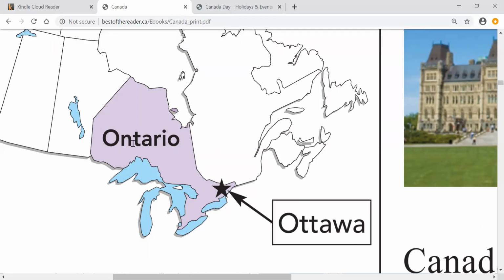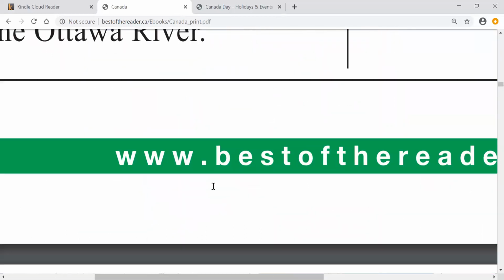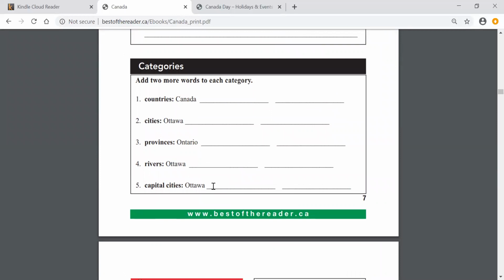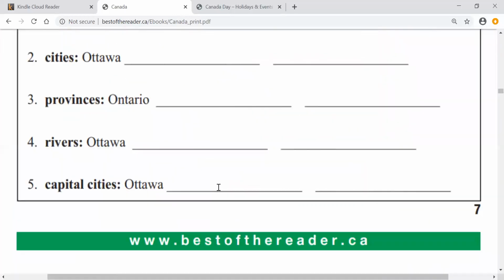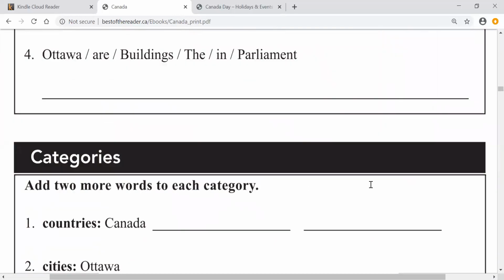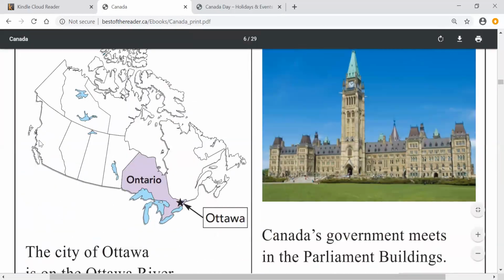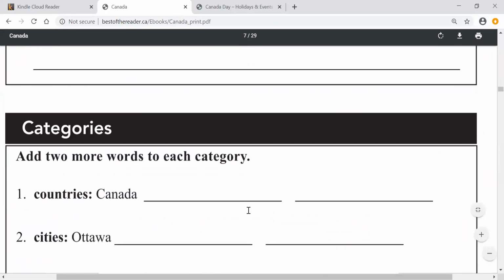What is that? Do you know? So please give me the capital city of Ontario and 1 more province. Can you give me the capital city of, for example, British Columbia, or any other province? So this is our homework for today.